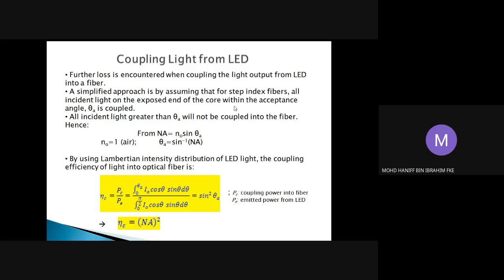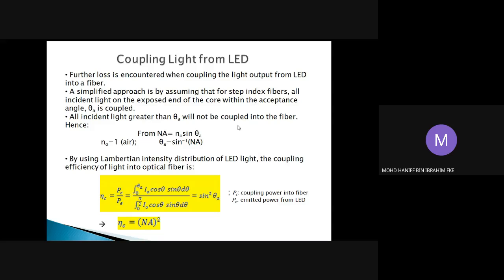But if the angle of incidence is bigger than the acceptance angle, light will not be coupled into the fiber optics. So all incident light from the LED within the acceptance angle theta A is said to be coupled into the fiber optics, and all incident light greater than theta A will not be coupled into the fiber.